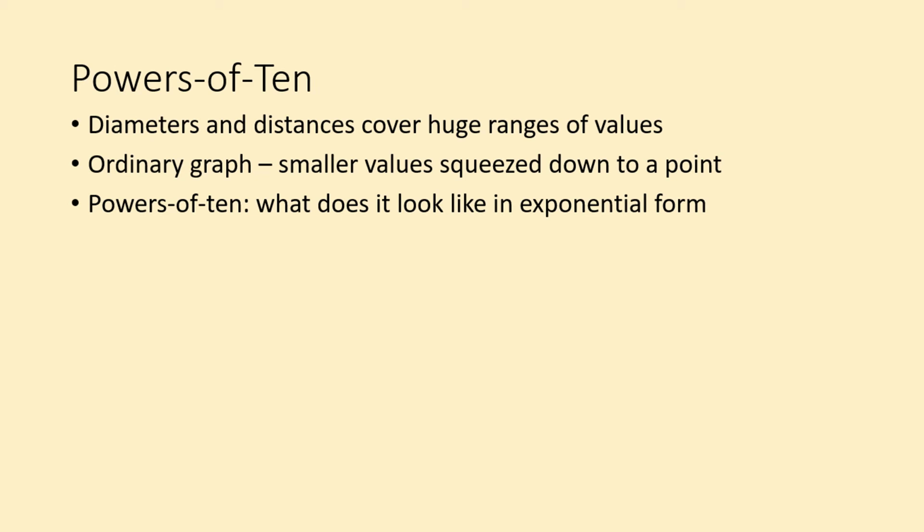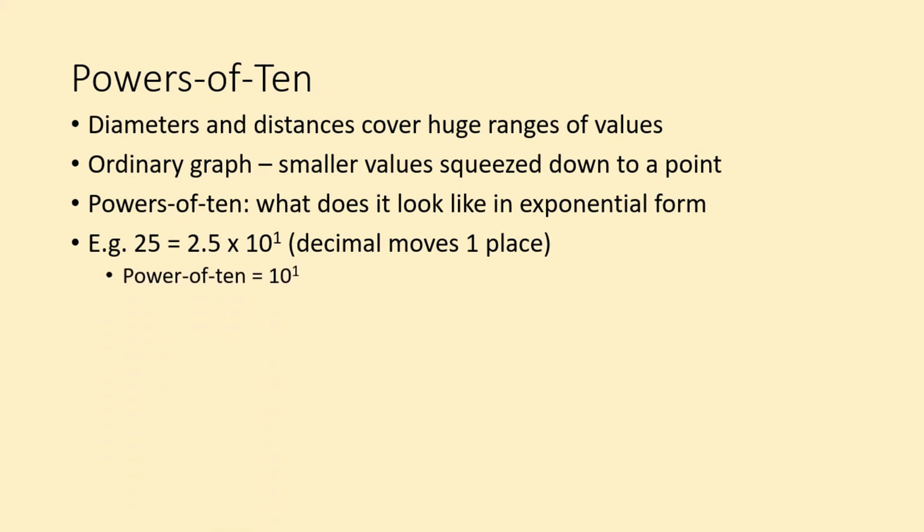For example, if you have a number like 25, then the way we would write that in exponential form is 2.5 times 10 to the 1. It's 10 to the 1 because the decimal has moved one place from 25 to 2.5. So the power of 10 here is 10 to the 1. If the number is 275, then that would be 2.75 times 10 to the 2.